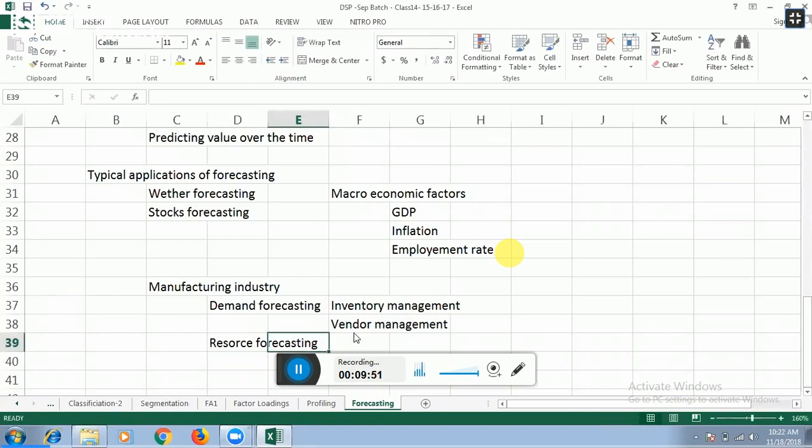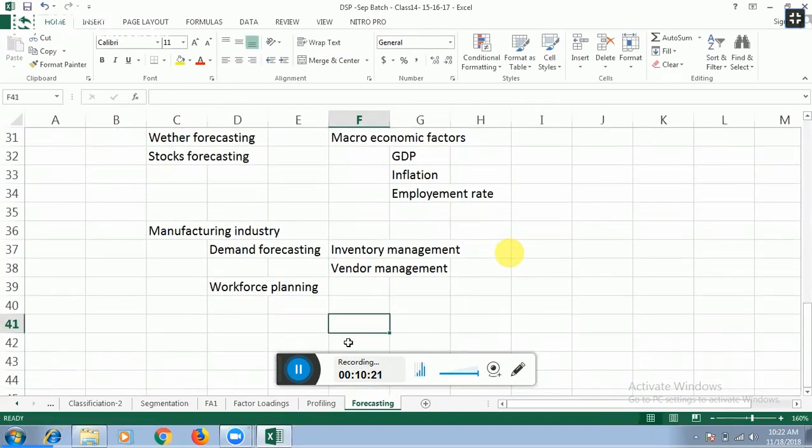Resource forecasting can be HR or ingredients or any kind of thing. Most of the time it is workforce planning: how many resources are required to fulfil a particular thing. So these are all demand forecasting or workforce planning, and accordingly we can plan it.